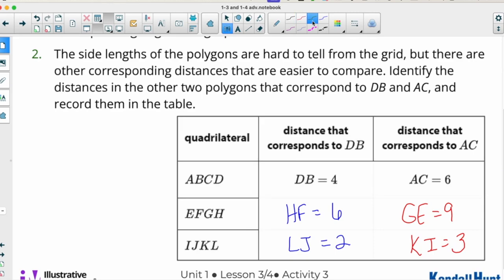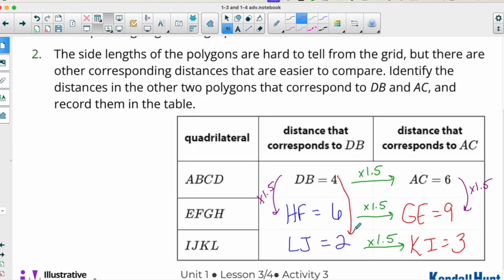Some of us noticed that going from the horizontal to the vertical was multiplied by 1.5. This is times 1.5. And this is times 1.5. Also, we could look from one shape to another. So from DB to HF, we multiplied by 1.5. From AC to GE, we multiplied by 1.5. From DB to LJ, we multiplied by 1/2.